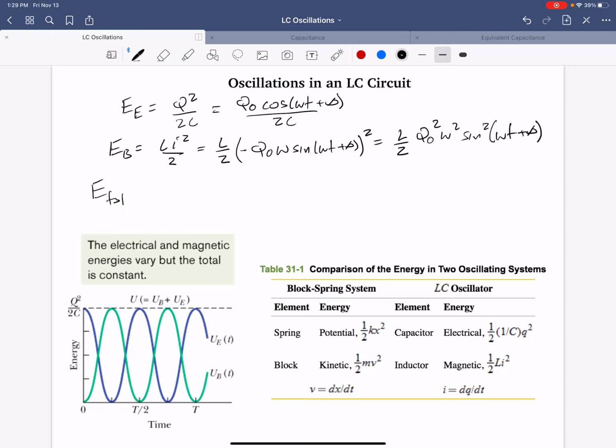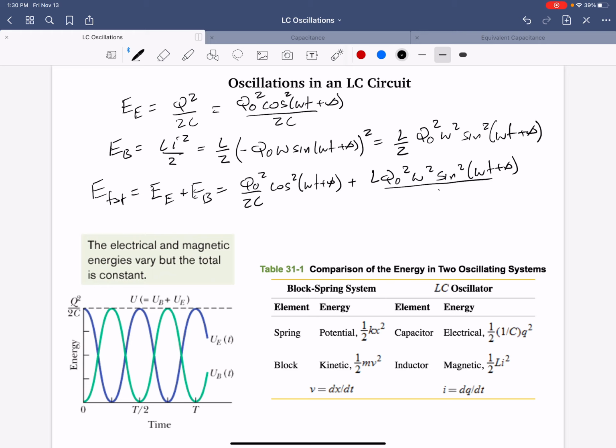If we take the total energy as the two of these added together, we have Q naught squared cosine squared over 2C, plus L Q naught squared omega squared sine squared, all over 2.